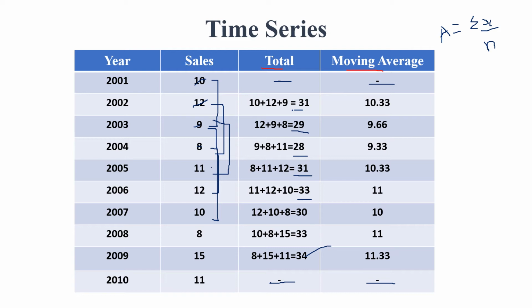So find the total: 31 divided by 3. How much is 31 divided by 3?